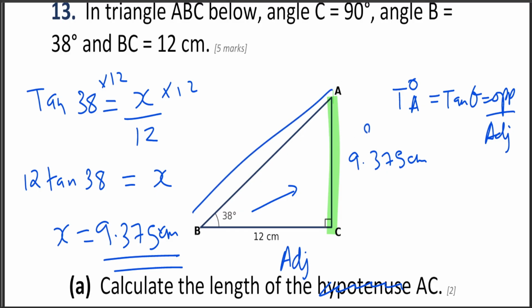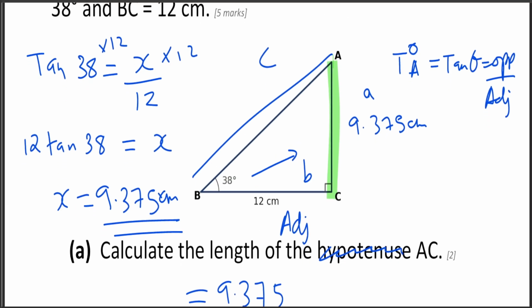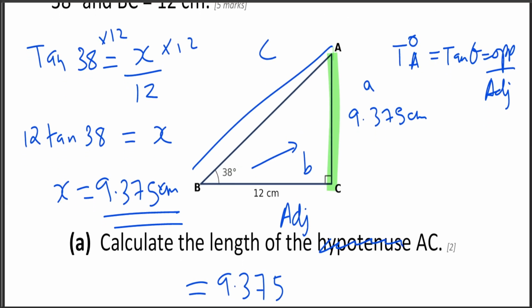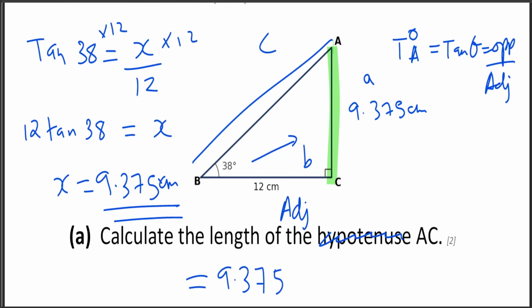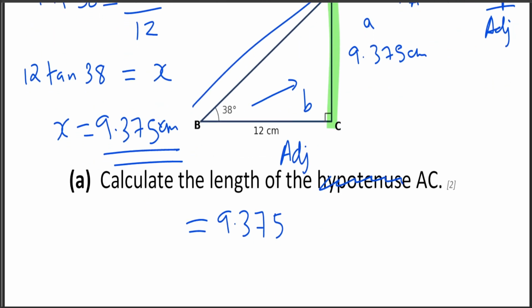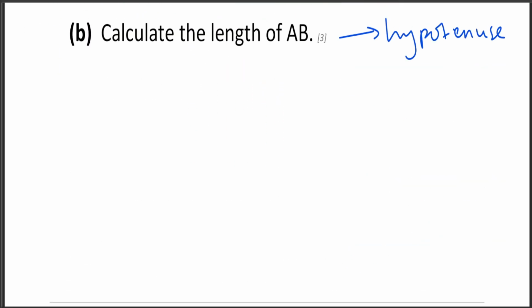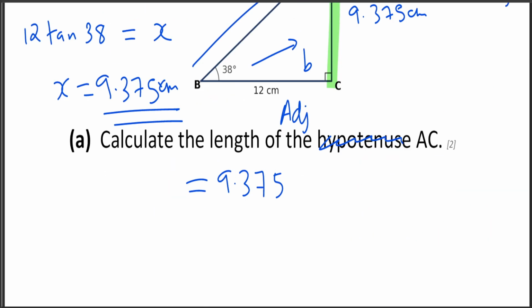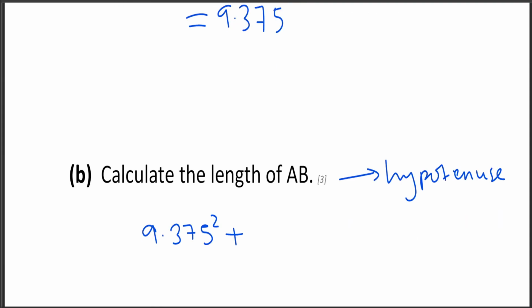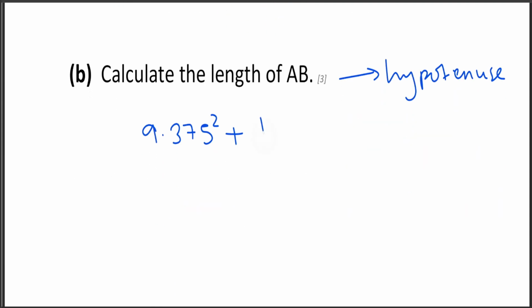A squared plus B squared equals C squared: the squares of the two shorter sides give you the square of the longer side. So 9.375 squared plus 12 squared is equal to C squared.